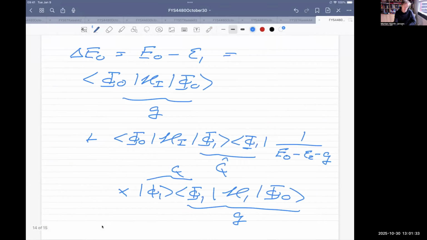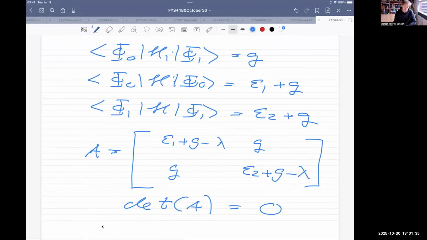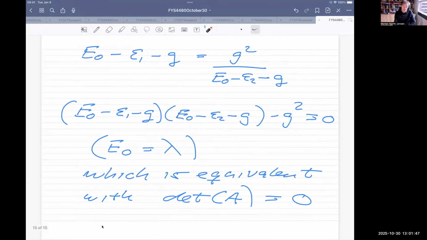If we go quickly back here, the matrix A is simply this matrix which defines the solution of the eigenvalue problem by finding the roots of the characteristic polynomial. And what we did with Wigner perturbation theory for this specific, simpler case is to show that doing Wigner perturbation theory is equivalent to solving the exact problem.